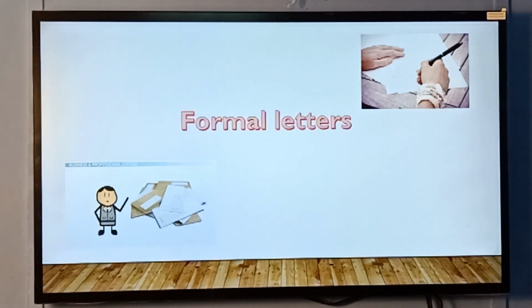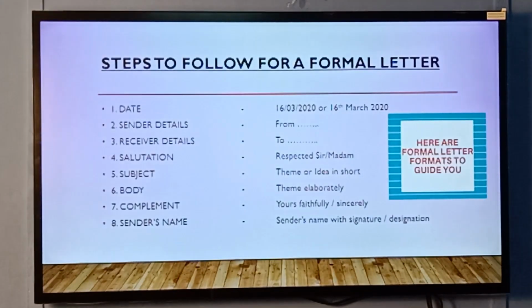Now we shall see how to write a formal letter. Here are the steps to follow for a formal letter. First one and the most important one is the date. You can write it as 16/3/2020 or 16th March 2020.